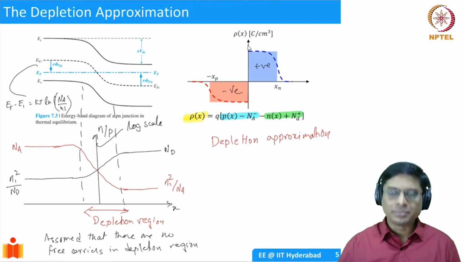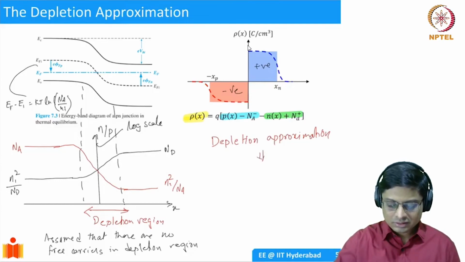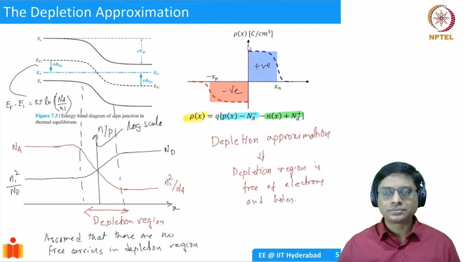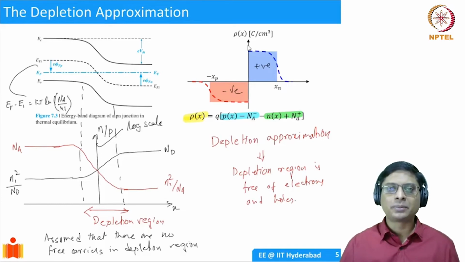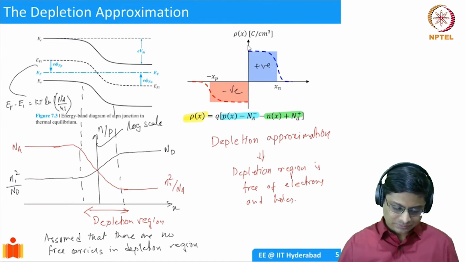But we should keep in mind that this is an approximation that we are making, essentially assuming that the depletion region is free of electrons and holes. This is not going to be true all the time, but the answer is still going to be close enough. Even our calculations by depletion approximation are going to be close enough.